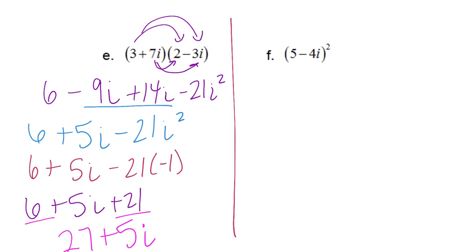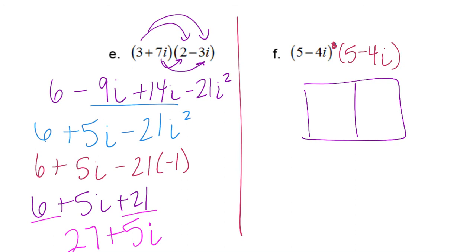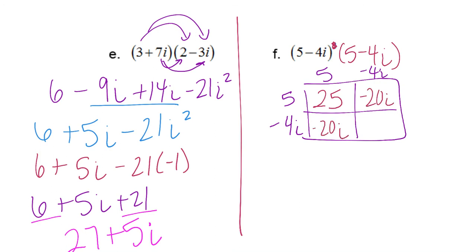Okay, last one. It has that squared, which means we write it twice. Get rid of that, just write it twice. So I'm going to use box method again on this one. 5 times 5 is 25. 5 times -4i is -20i. -20i. 16i squared.